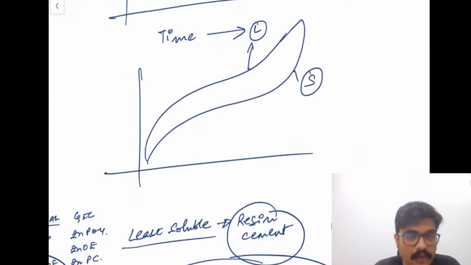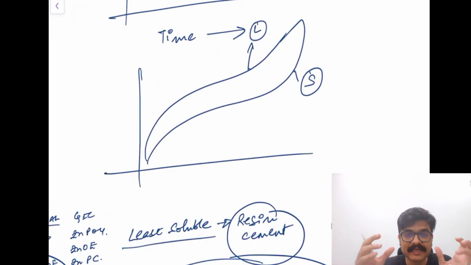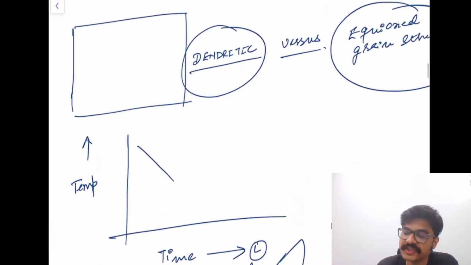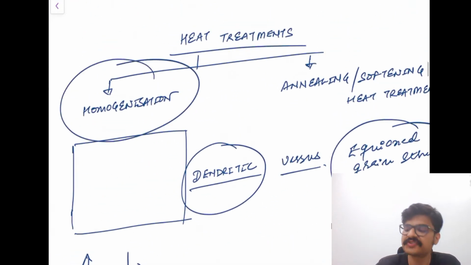So you want to heat the alloy at a temperature which is high enough but just below the solidus temperature, all right, so that reliquefaction does not take place. So this causes rapid, equal diffusion of all the different constituents of the solidified alloy in the cast, cooled structure, to give you a more homogeneous structure.